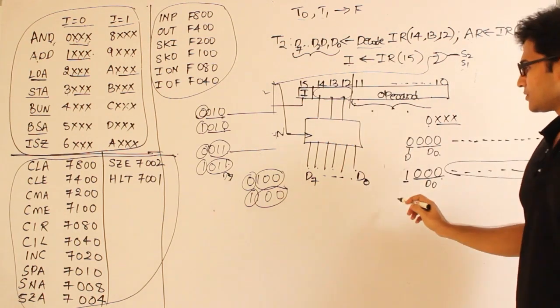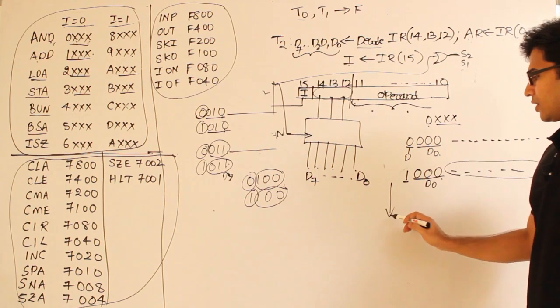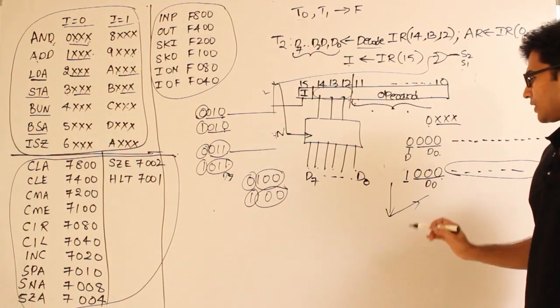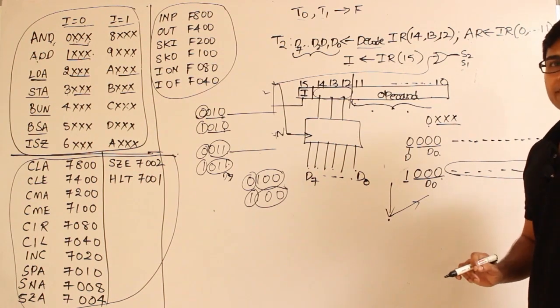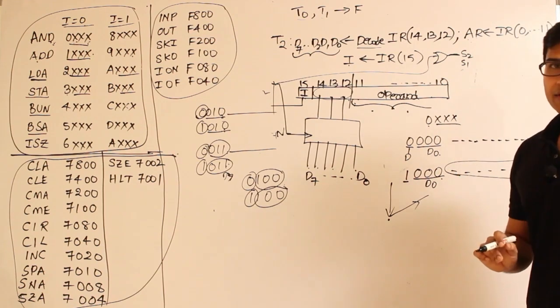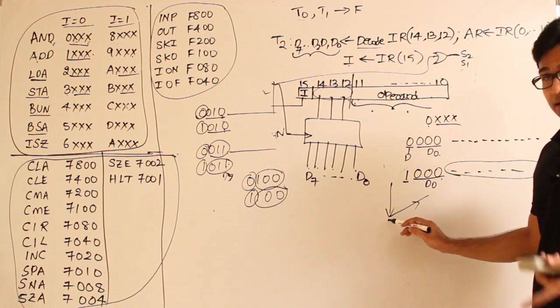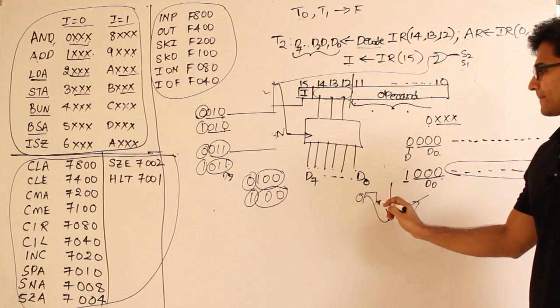So branch and save address means if you are going in a flow and you have to execute some other function, before going there you save this return address somewhere. Let us say it is generally saved at some fixed address. So let us say in this case we are saving it at the 0th location of the memory.